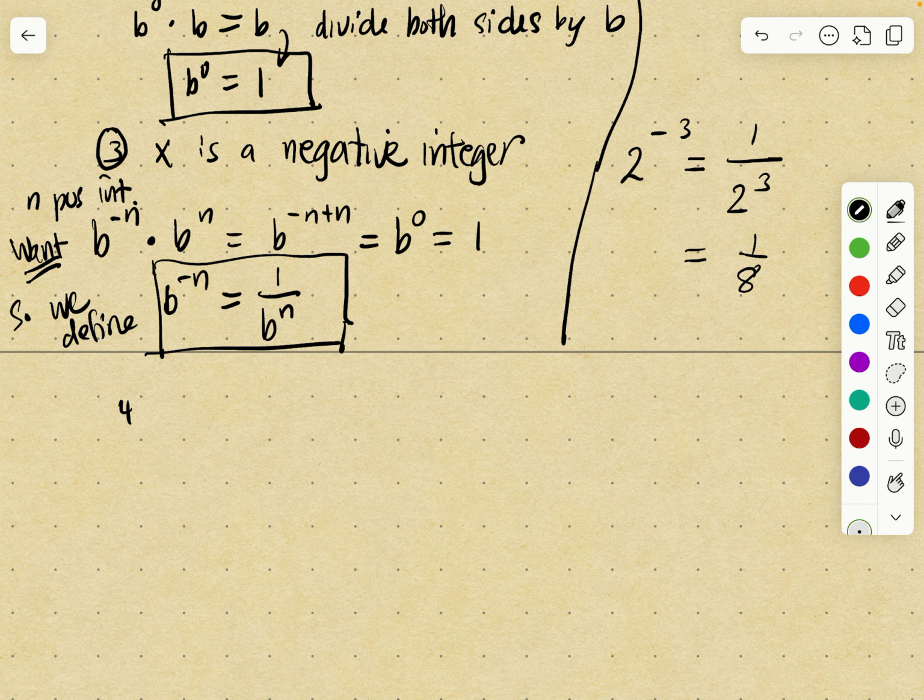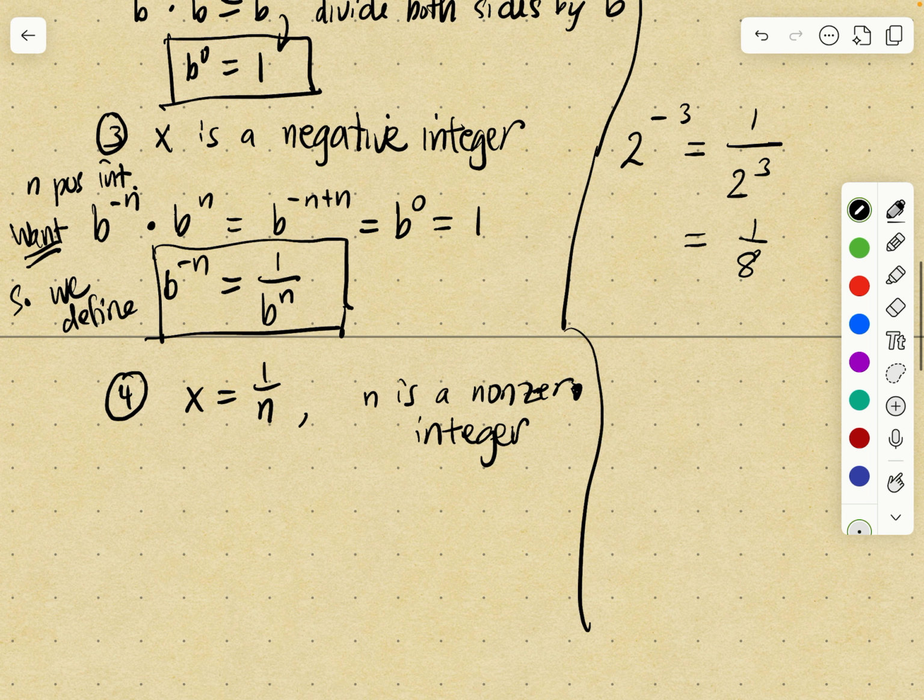Now we have to go on to the next step, which is when x is a fraction that's not necessarily an integer. So if you have something like 1 over n, where n is a non-zero integer. For instance, what would be 2 to the 1/2 or 2 to the 1/5, or how do we make sense of that?